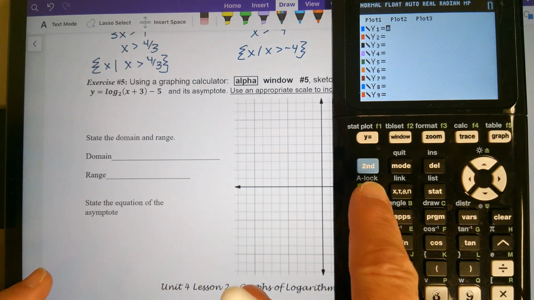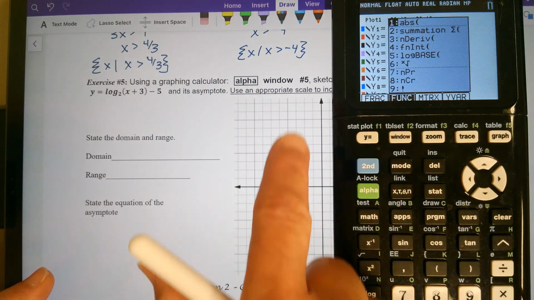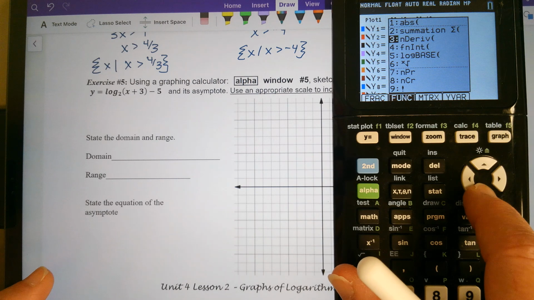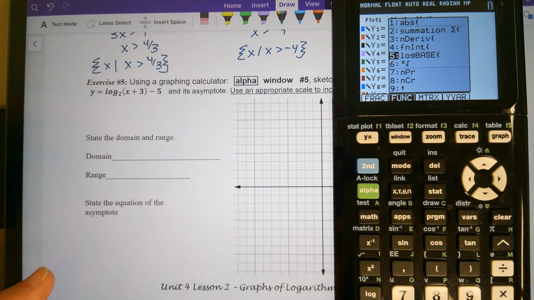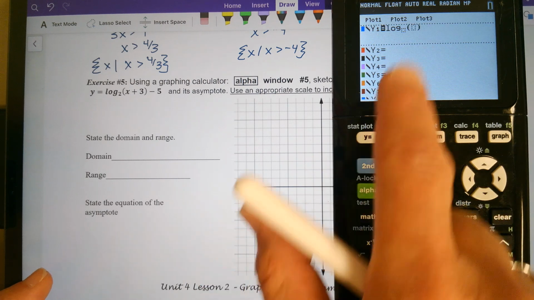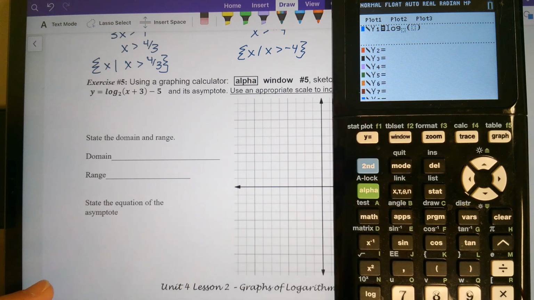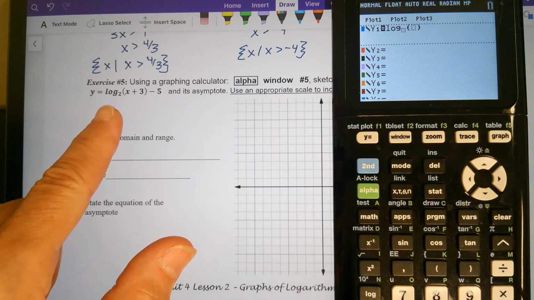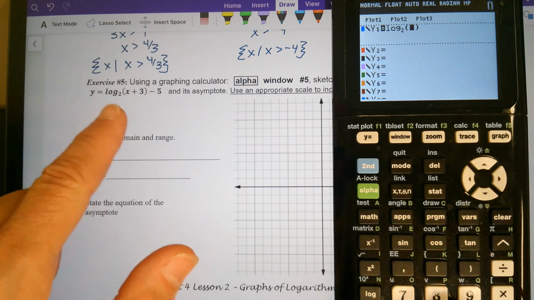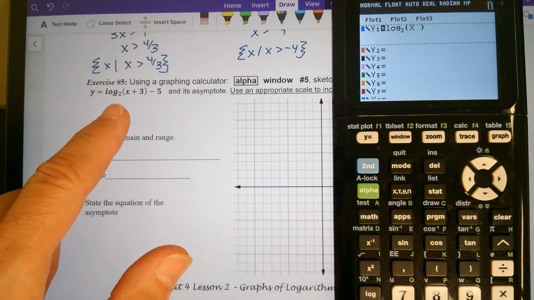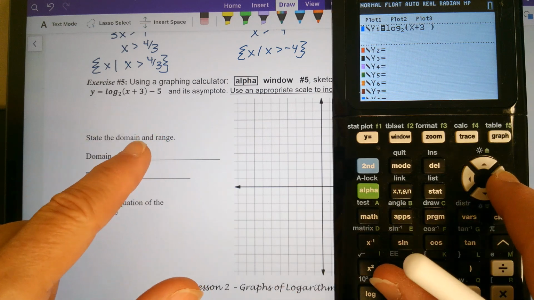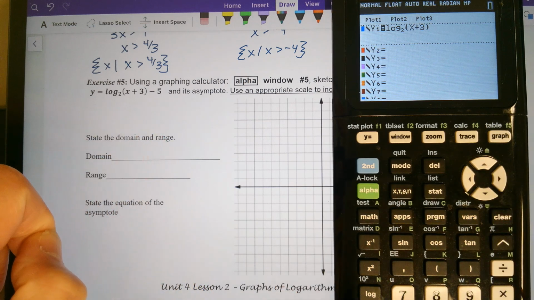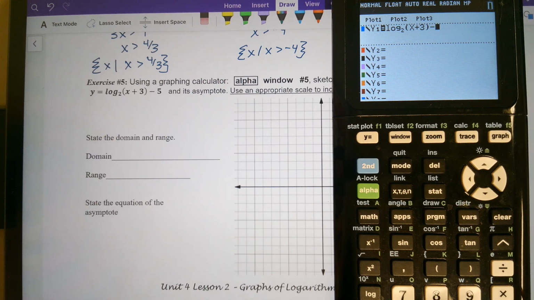So the green alpha, the window key, and then number 5, arrow down to 5, gives us log base and then our argument. So this is log base 2 of x plus 3. Make sure you arrow out of the parenthesis there, and then minus 5.